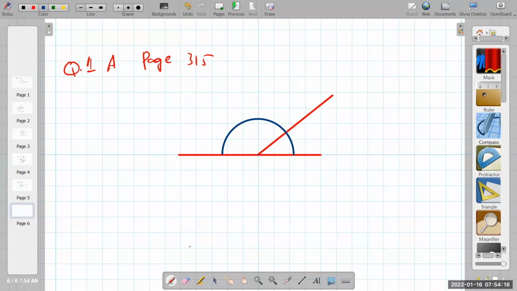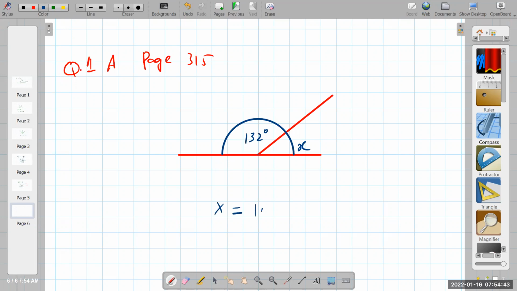So here, this is x and the rest is 132 degrees. So what will be the value of x? The sum on a straight line is 180. X will be equal to 180 minus 132.